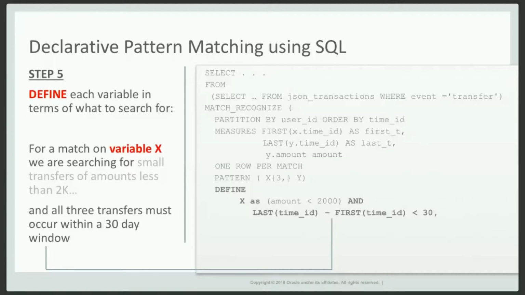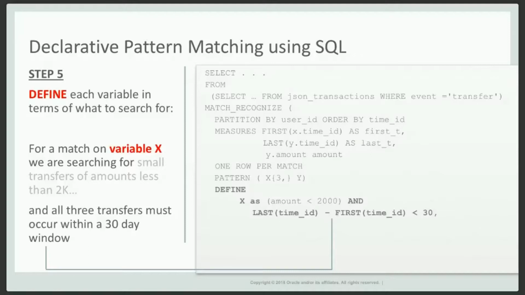So I'm looking for transfers out of John's account that are less than 2,000, and what I want to then do is look at the first match, so remember that, and then take the last match that I find, check the difference between the timestamps and make sure it's less than 30.